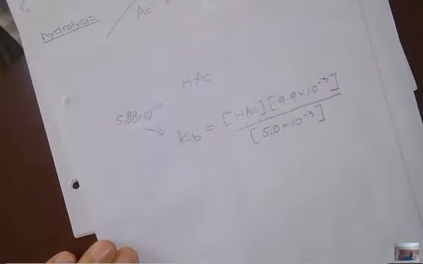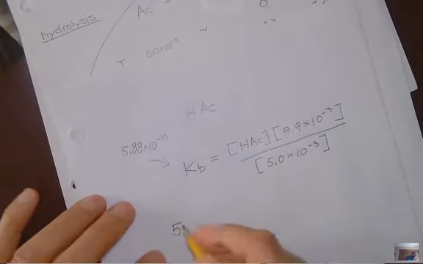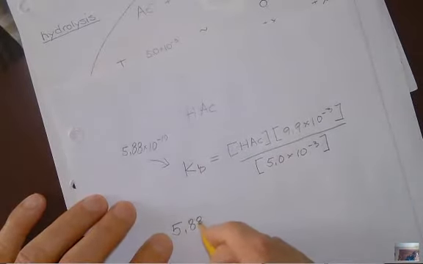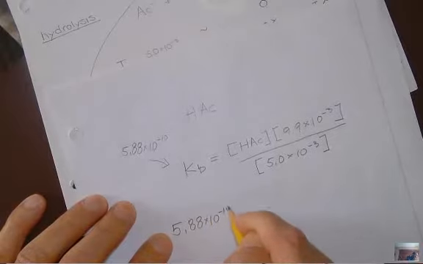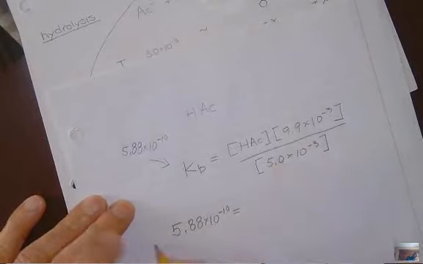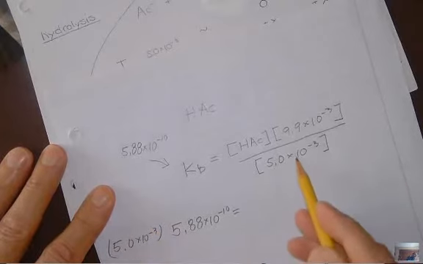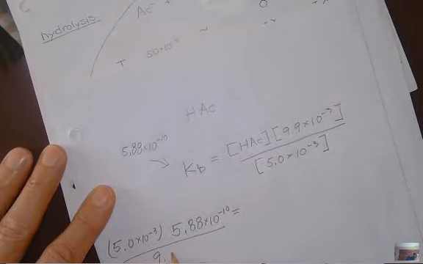Okay? All right, so 5.88 times 10 to the minus 10th is going to be equal to, this guy's coming up, 5.0 times 10 to the minus 3. Right, this guy's going to come up here. This guy's going to go down here. 9.9 times 10 to the minus 3.